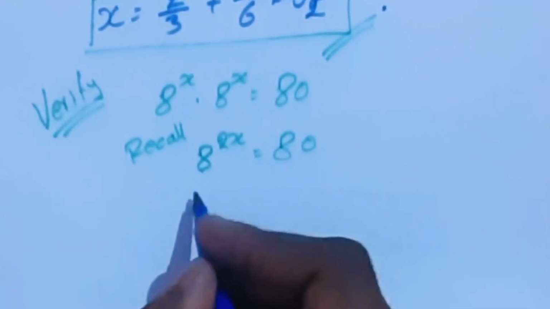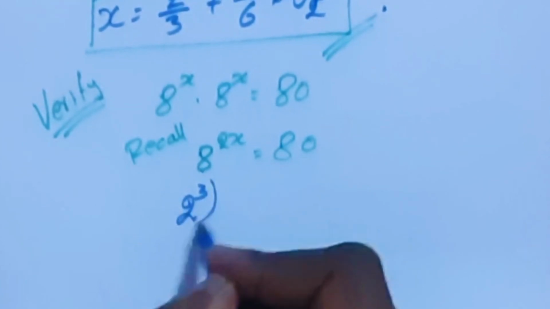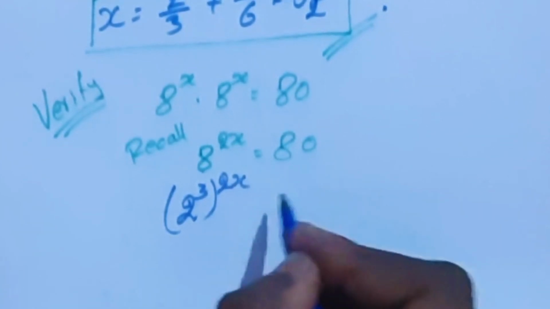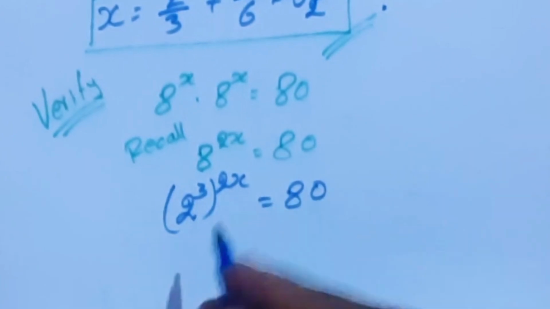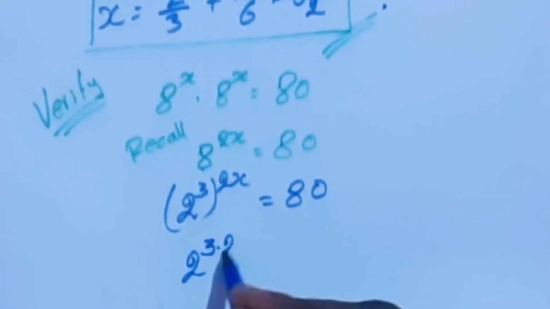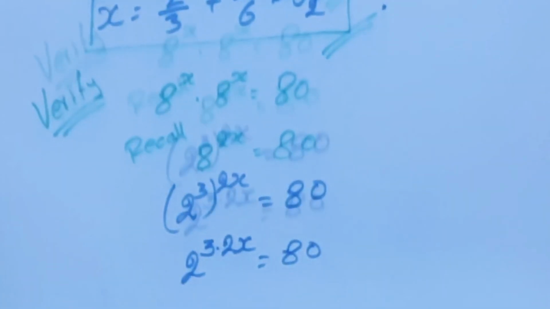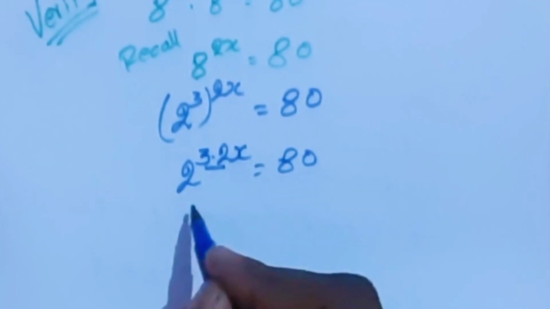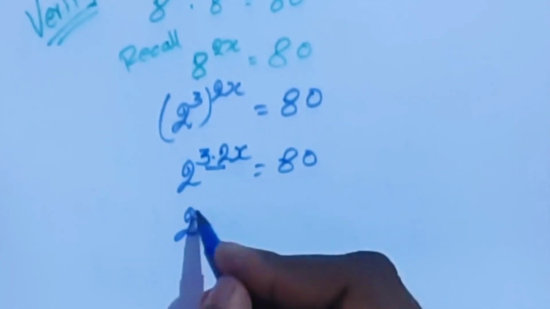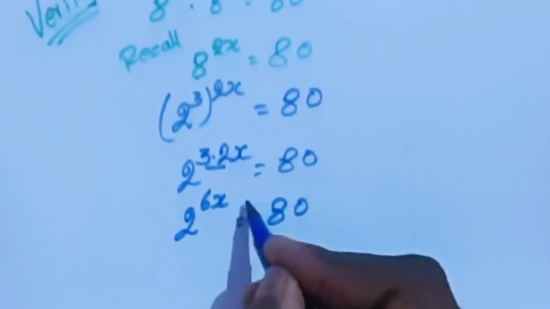Now this 8 can be written as 2 power 3, all power 2x equal to 80. So 2 power 3 times 2x equal to 80. Now this is 2 power 6x equal to 80.